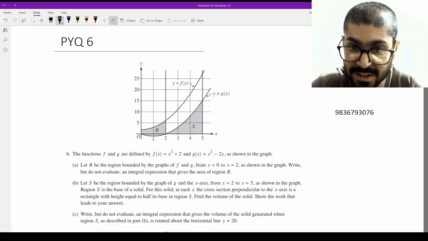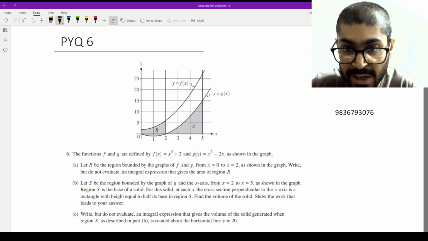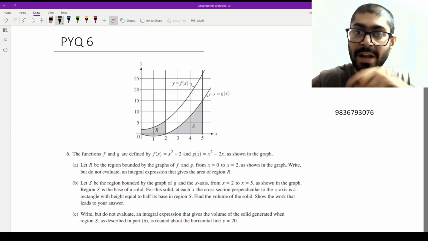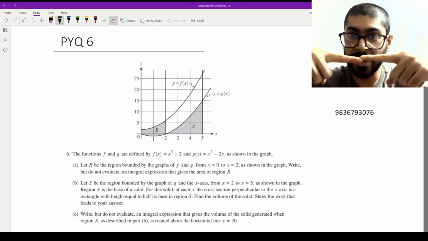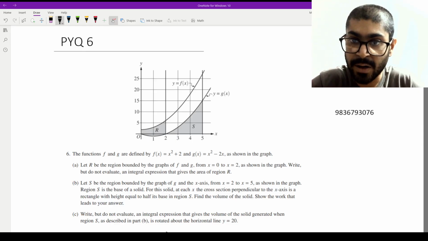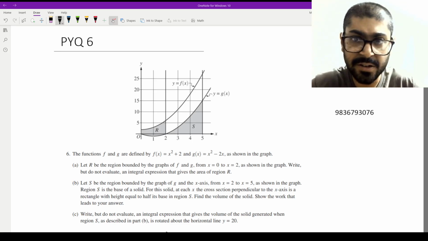when the region S, so this curved half triangle thing, is rotated about the horizontal line y equals 20. So what happens if I rotate this around y equals 20? What kind of shape will it form? It will form a circular thing because it's getting rotated 360 degrees, right?